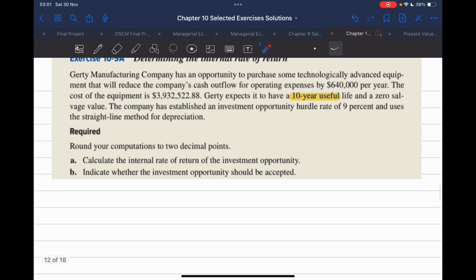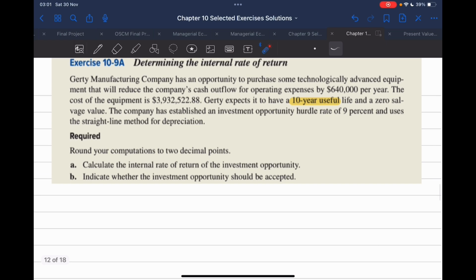A, calculate the internal rate of return of the investment opportunity. Now, how can we do this? We can do this if we have the present value interest factor table, specifically table 2, the present value interest factor of annuity, because as the situation is explained in the question, this is going to be over 10 years.